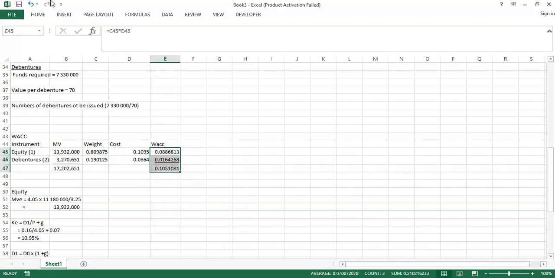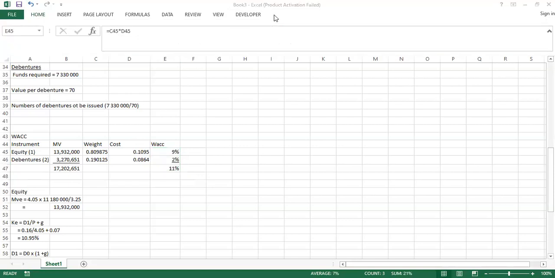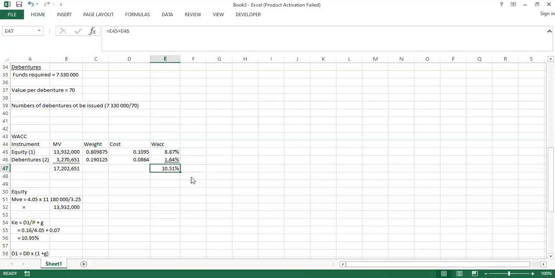Let's put these as percentages, not decimals, sorry. And then we can put them to two decimal places. Right. So this is your answer there for the weighted average cost of capital.